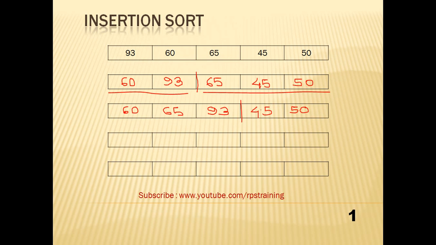Next, 45 will be inserted, and the previous element of 45 is greater, so an interchange will be done here, two items. Then 60, it is 65, it will be 45, it will be 93, it will be 50.